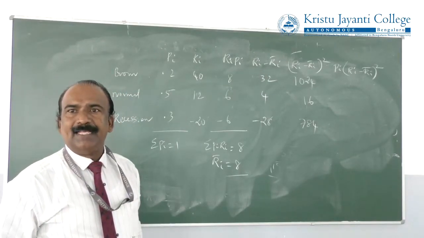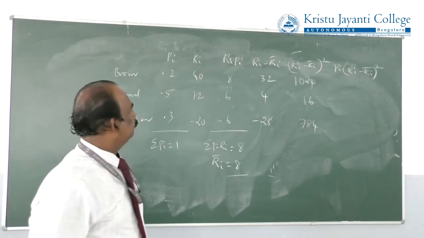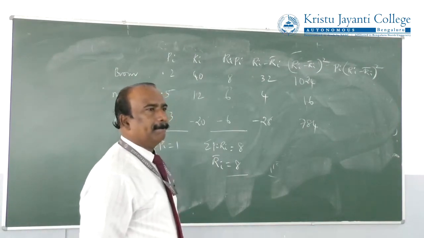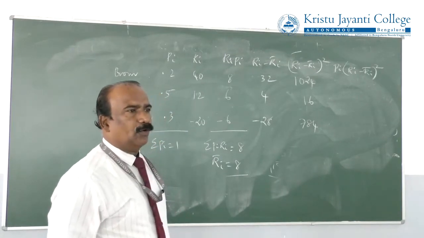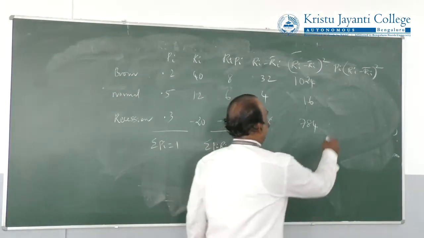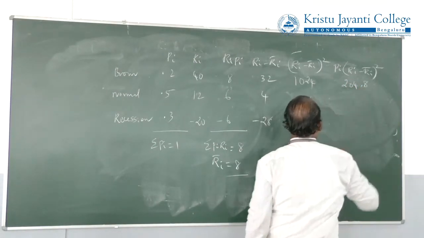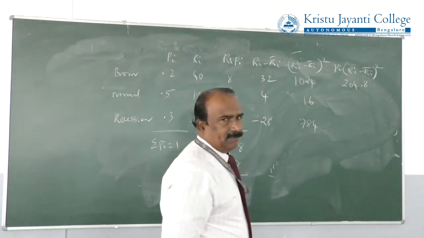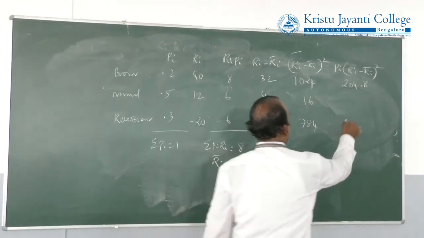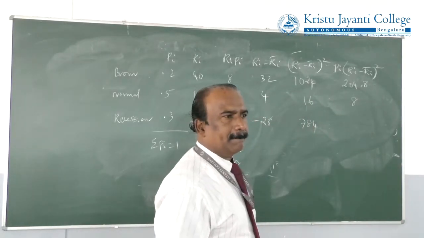We multiply the square with the probability. 0.2 into 1024 is 204.8. 16 into 0.5 is 8. 784 into 0.3 is 235.2.